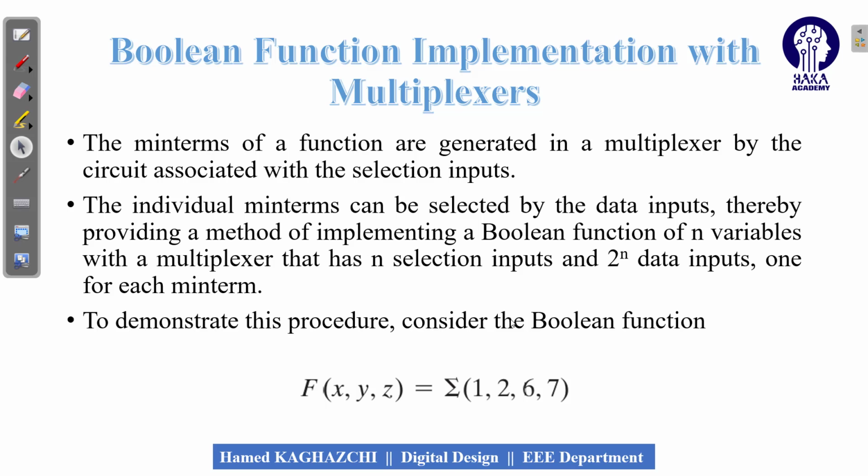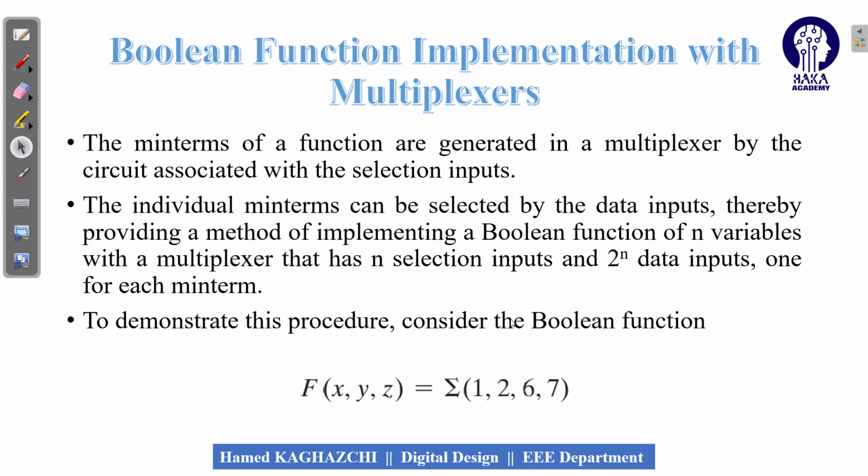For this implementation, if we have n variables, we choose the last one to compare with f, and the rest are used as the selection lines of the multiplexer. What does it mean?